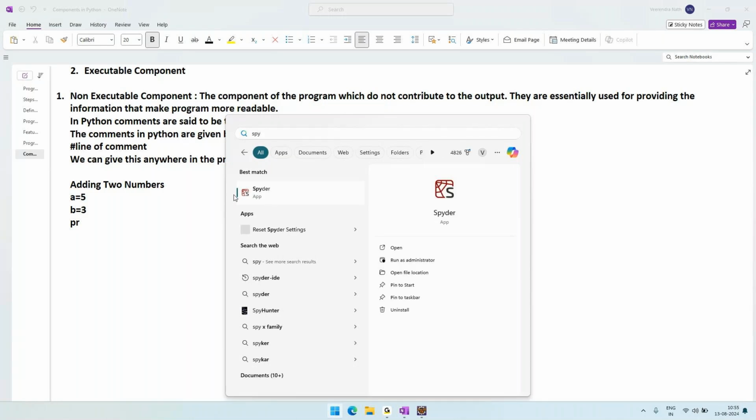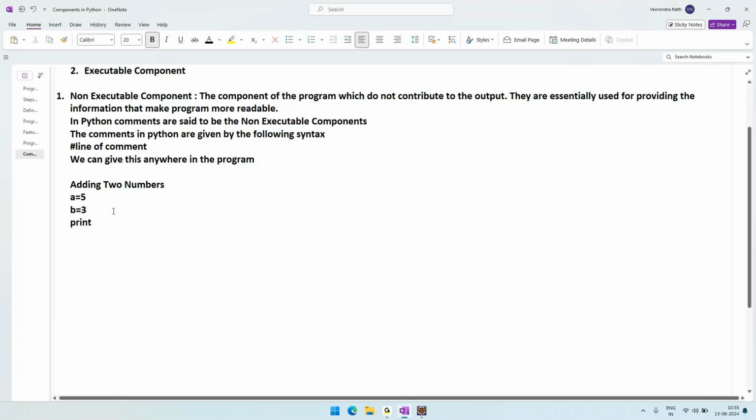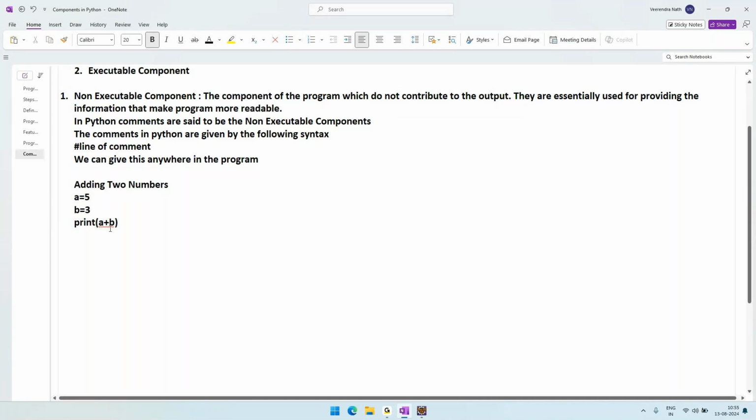So we are printing the a and b values, which means these are all executable. ఇవన్నిటిని ఎగ్జిక్యూటబుల్ అంటాం. మరి నాన్ ఎగ్జిక్యూటబుల్ అంటే ఏంటి?